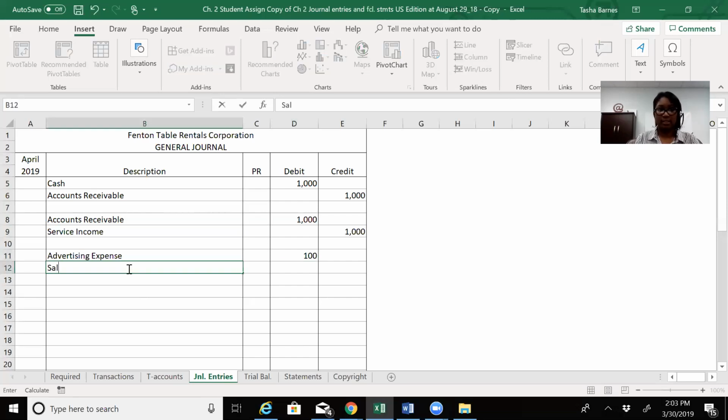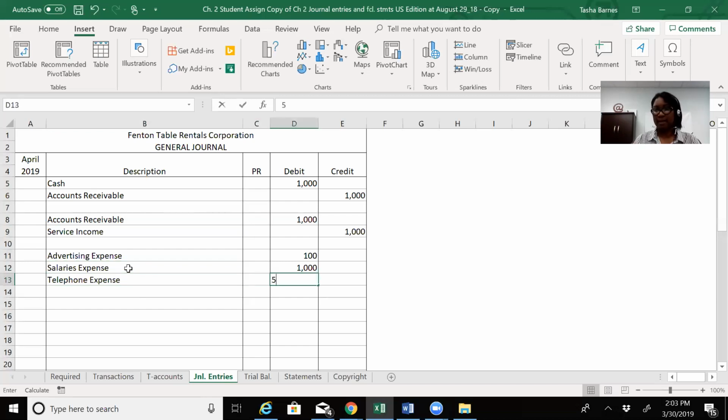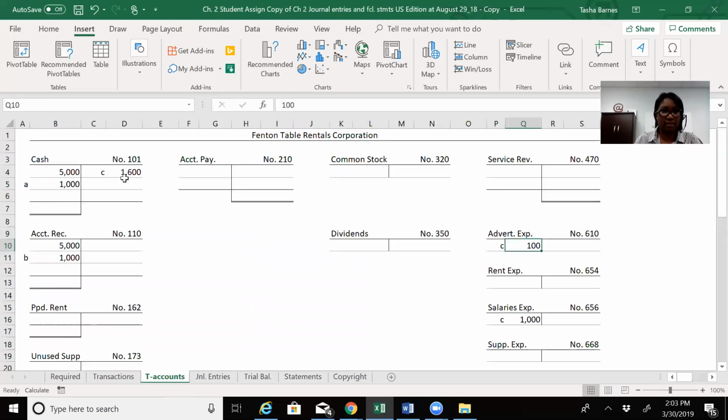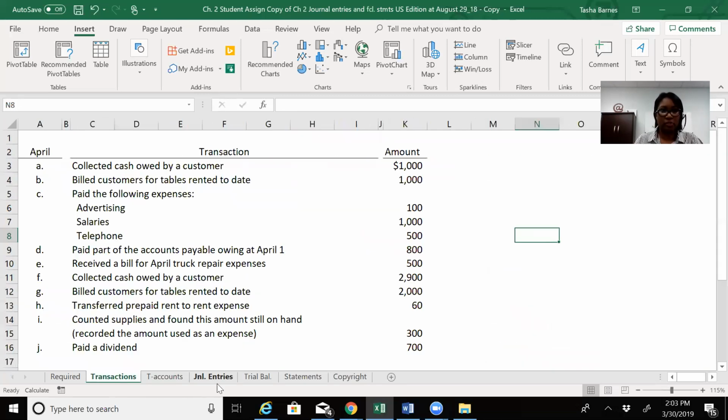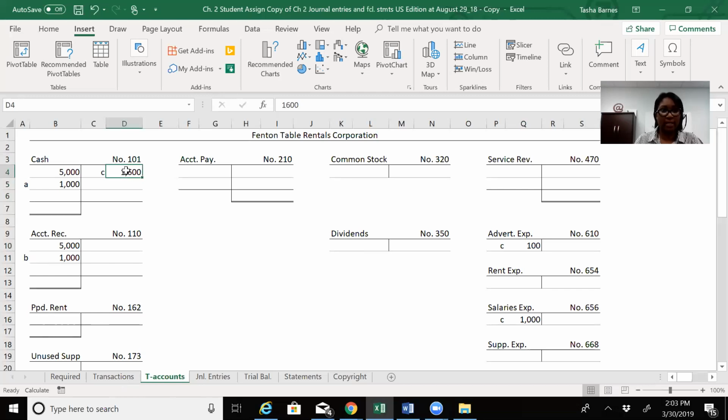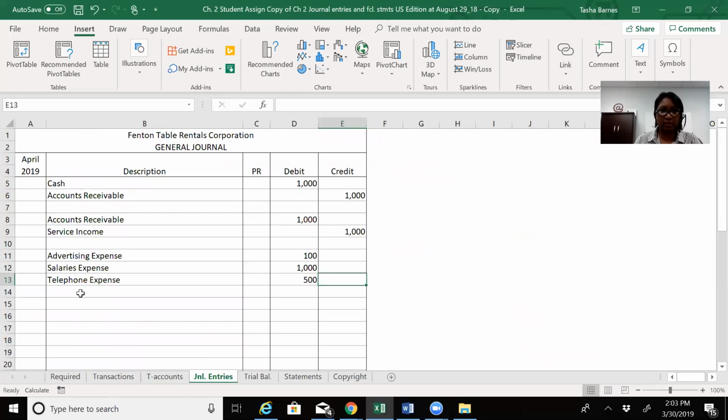Advertising expense, salaries expense was $1,000. And then we had telephone expense, and that was 500. So we paid those and we paid it out of our cash. Remember, we did $1,600 over here. So we credited cash. So on our journal entry, we're going to credit cash again.